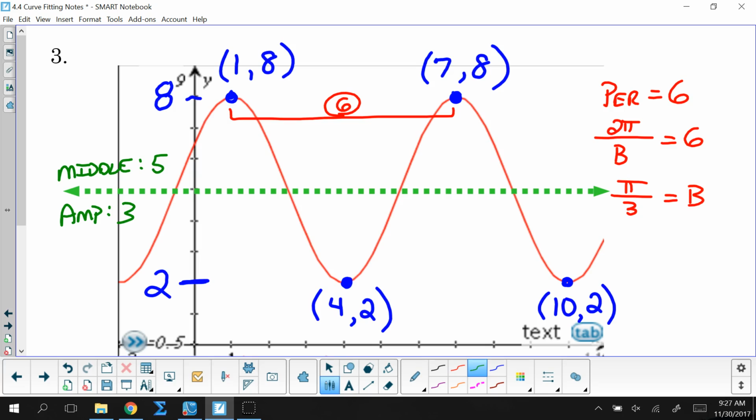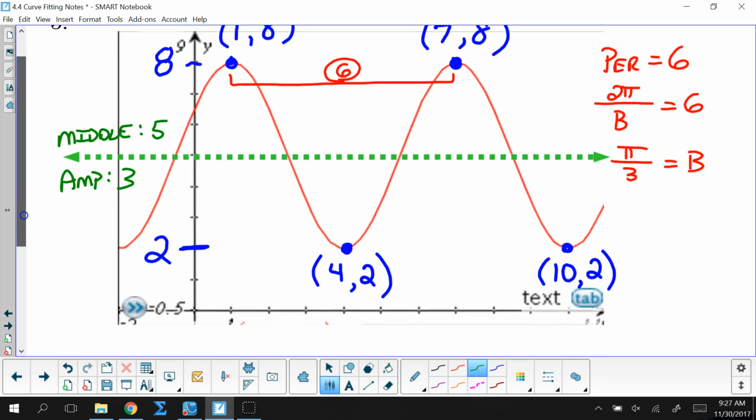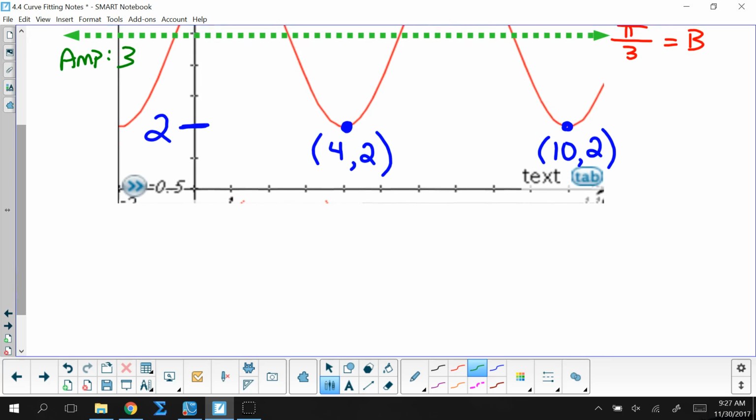Now, what's the last thing that we need? You gotta have 4 things. The start. So it's really wherever you decide to start. Okay? So, I would say here that this cosine curve, y equals 3 cosine of pi over 3 times x.